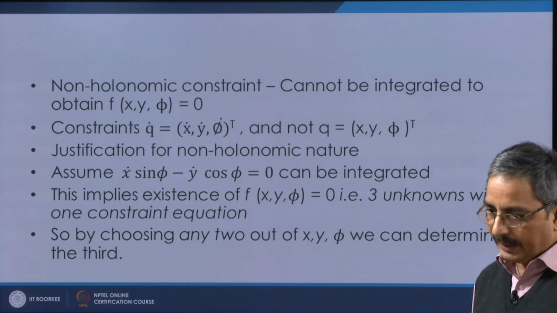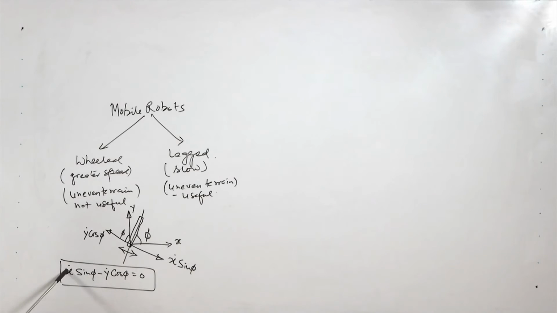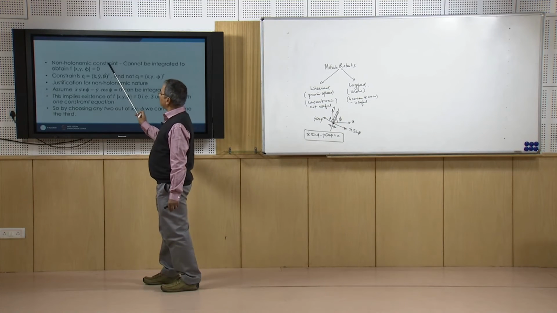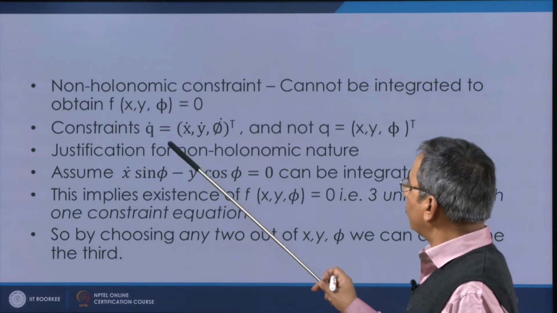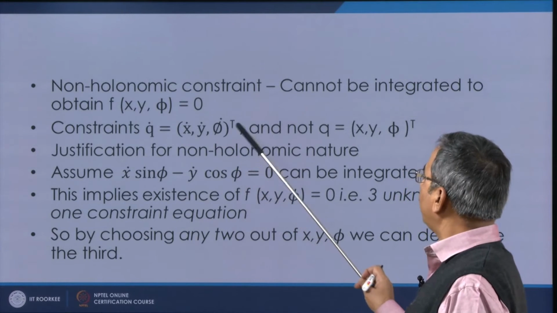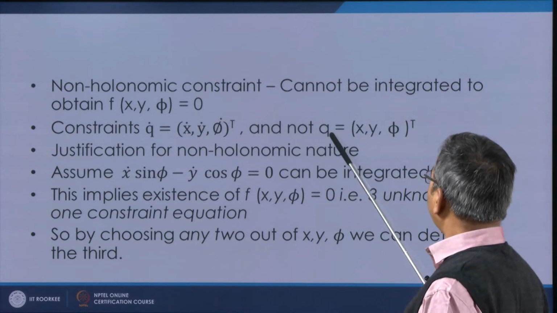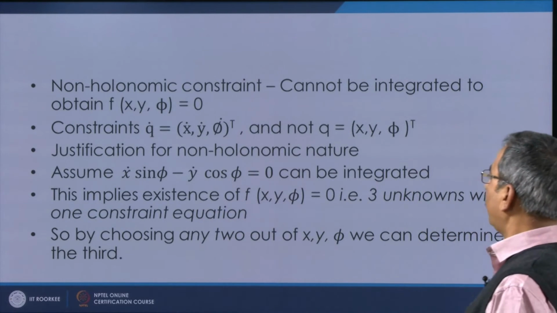That is, the constraint equation is in terms of velocity and cannot be integrated in order to get a constraint equation in terms of displacement. That type of constraint is called a non-holonomic constraint. Here q dot is equal to x dot, y dot, phi dot transpose.